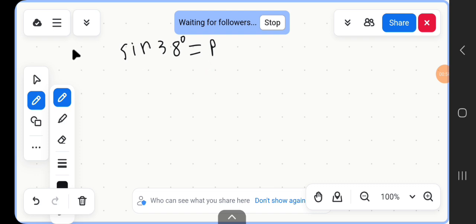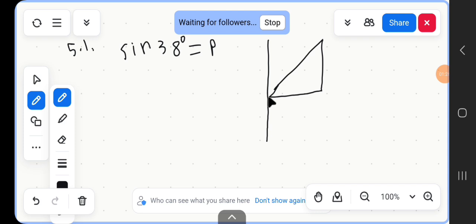Before you do anything else, the first thing you do is draw your triangle, in this manner, in the first quadrant. Why the first quadrant?